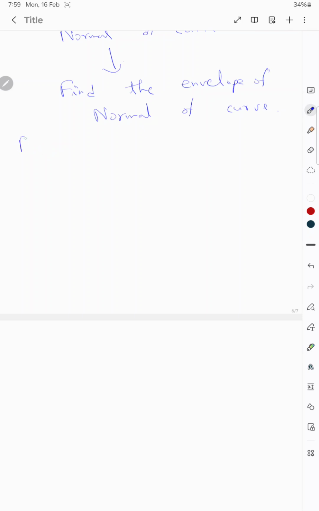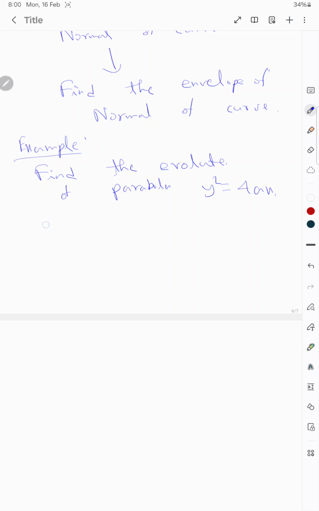Sometimes a 3-mark question comes, suppose: find the evolute of the parabola y square is equal to 4ax. First you have to find the normal of the equation. Do you know how to find the normal? This is done in class 12 level.